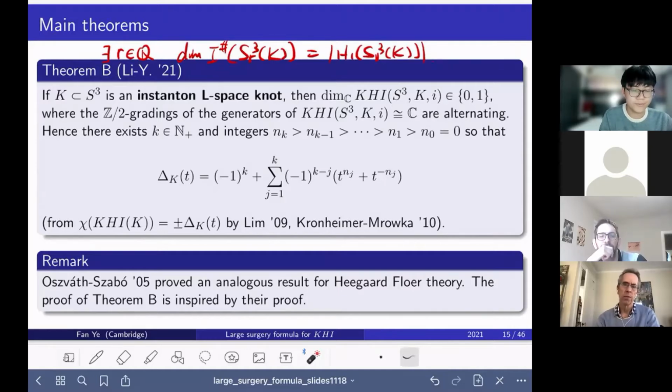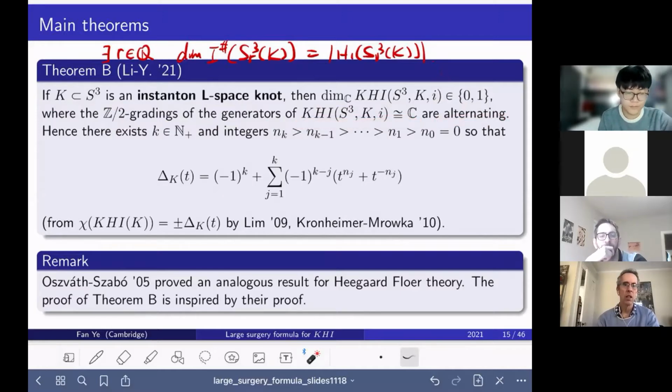The theorem by Zhengkun and me says that if K is an instanton L-space knot in S^3, then the dimension of KHI in each Alexander grading is either 0 or 1. And moreover, the Z mod 2 gradings of the generators of the one-dimensional spaces are alternating.